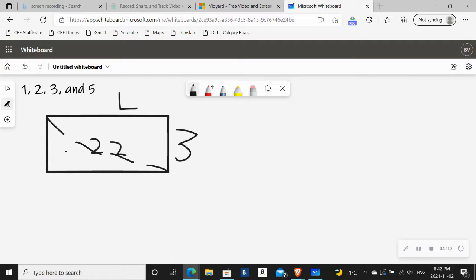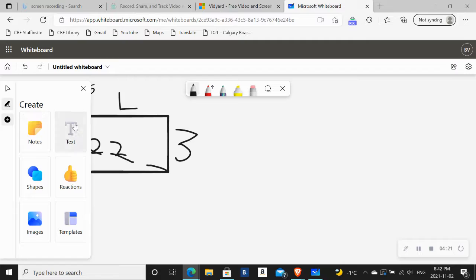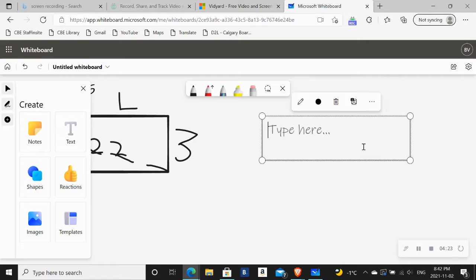But let's just stop ourselves there, because what I'm going to explain here is a bunch of different formulas that we will be using. The main ones are radicals and area.